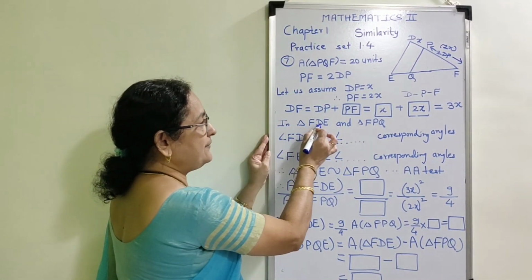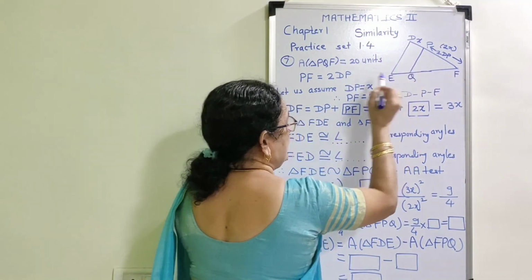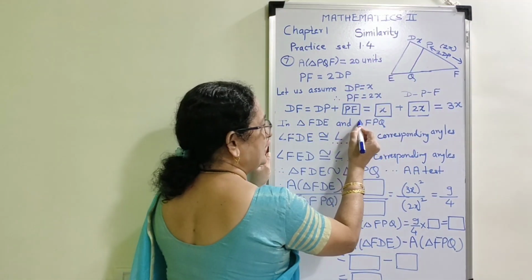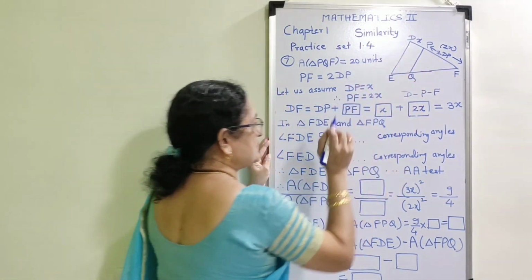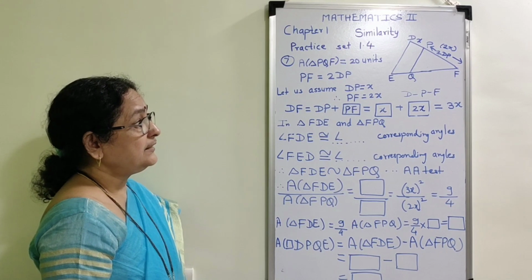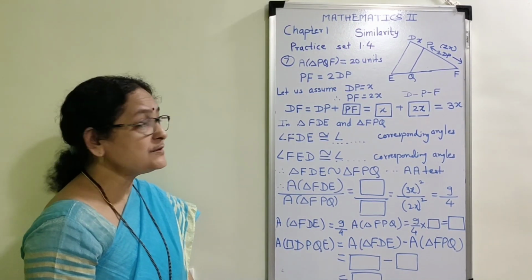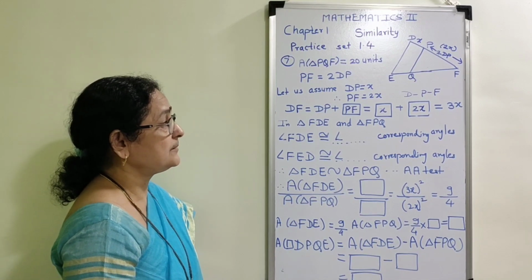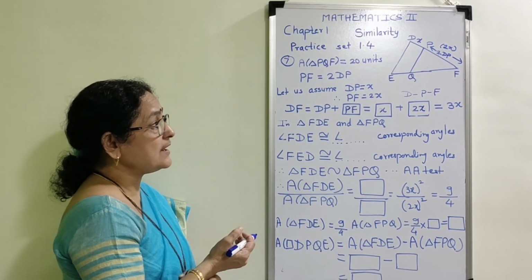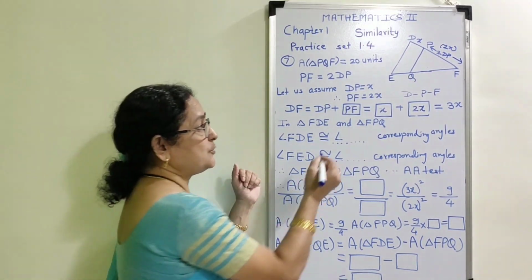Now the second part of the example. In triangle FDE, the bigger triangle, and triangle FPQ, the smaller triangle. The most important thing is that PQ is parallel to DE, and since the two segments are parallel, if we consider two transversals, we will get two pairs of corresponding angles.